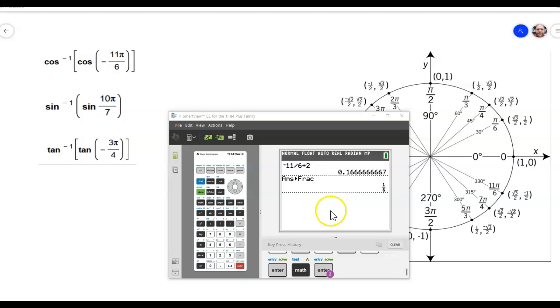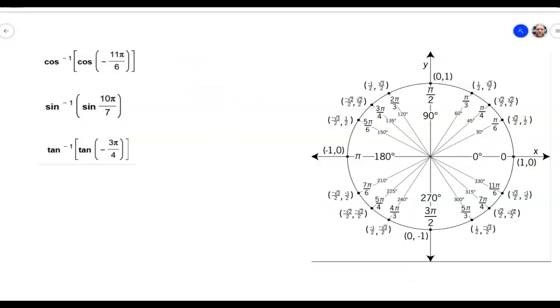And pi over 6 is in our domain. That is between 0 and pi, because remember, the domain for cosine is between 0 and pi. Because that is in our domain, that is good. So our answer for this is just going to be pi over 6. Because -11 pi over 6 points in that direction, we can use that angle.